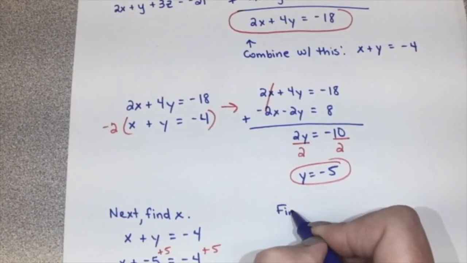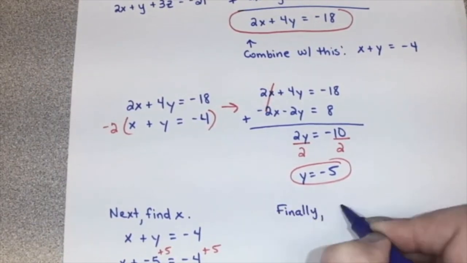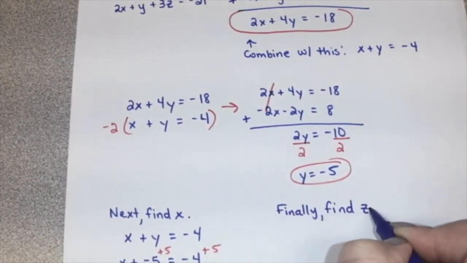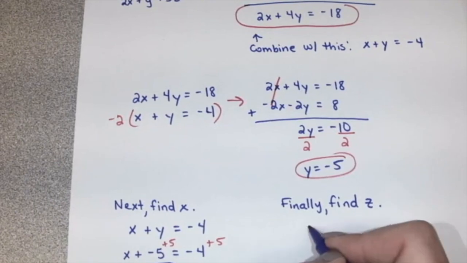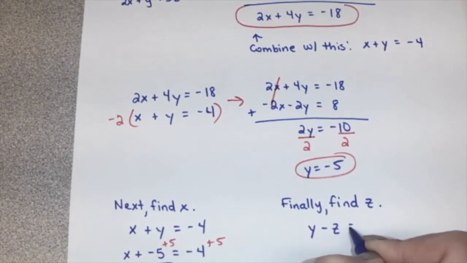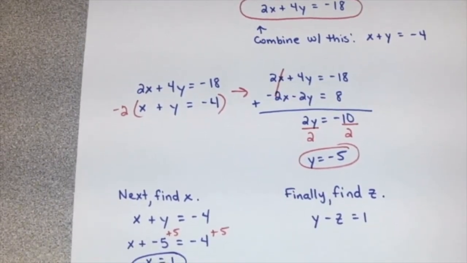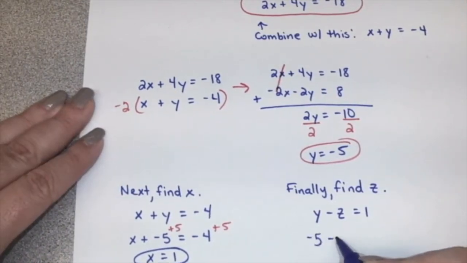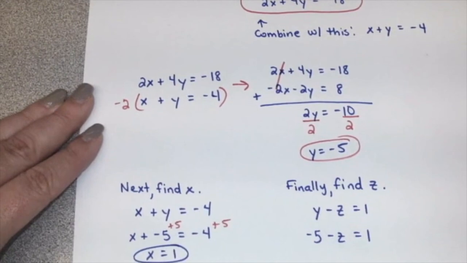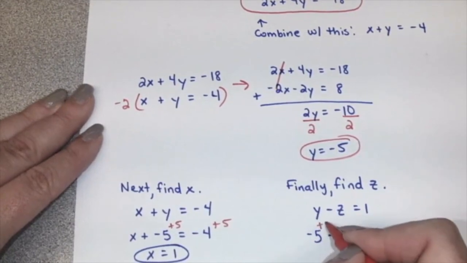And then last but not least, now I just need to find my final one, which is z. So I can use the last equation, or I can just use the second equation, and that's what I'm going to go with, because it's shorter, it's nicer, and we want to make it easy on ourselves if we can. So you get negative 5 minus z equals 1. So just be careful about the sign details.